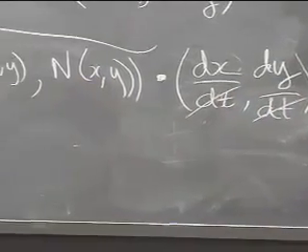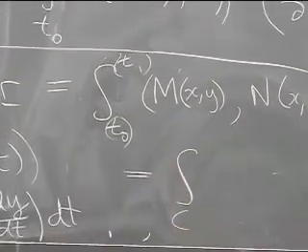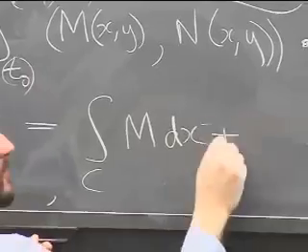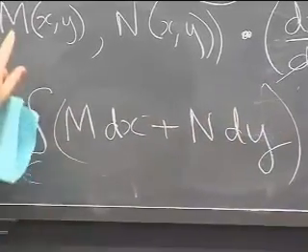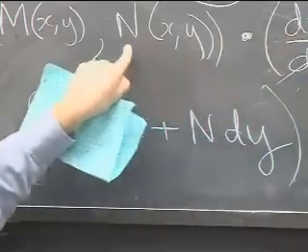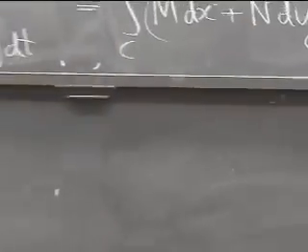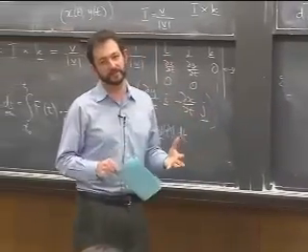And don't worry about this for the moment. Let's just write this as, go back to C, m dx plus n dy. Right? So this is m dx plus n dy. So this is called a differential form, a method of writing down exactly the same thing as what we've written down before.